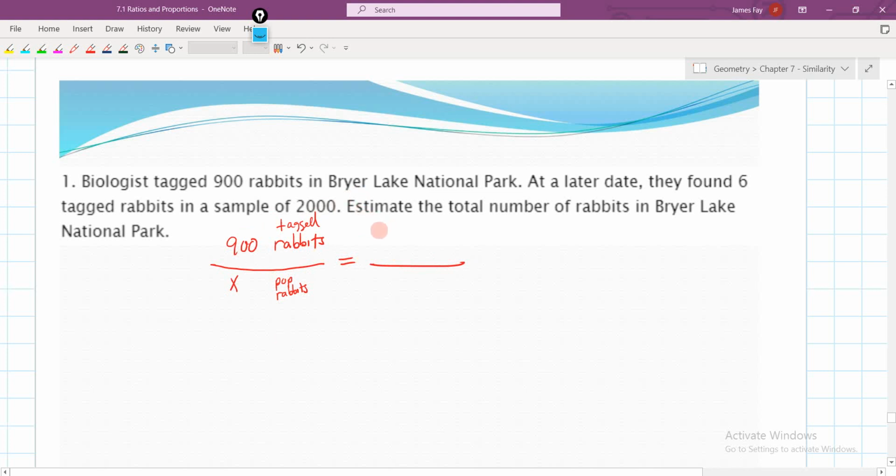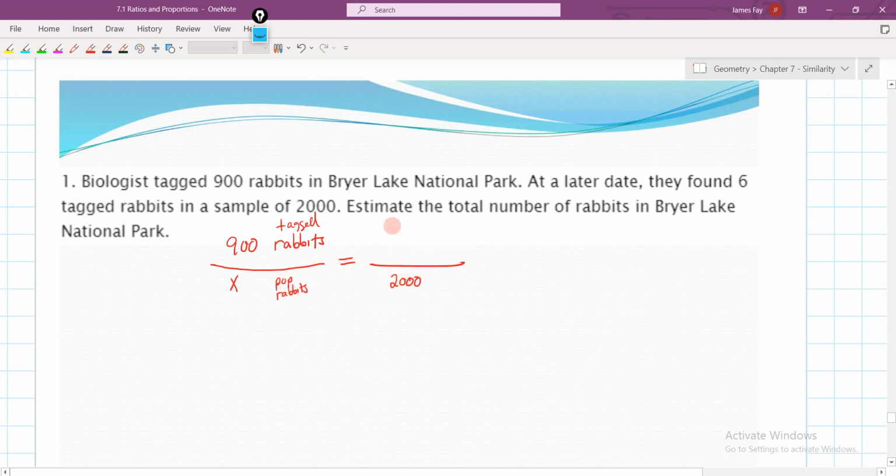The second situation is that they let a little time go by and they go back out and say, okay, we're going to start capturing rabbits again. They catch 2,000 rabbits. So I'm going to put 2,000 rabbits down here, and this is a sample, but the sample is going to help us understand the population.